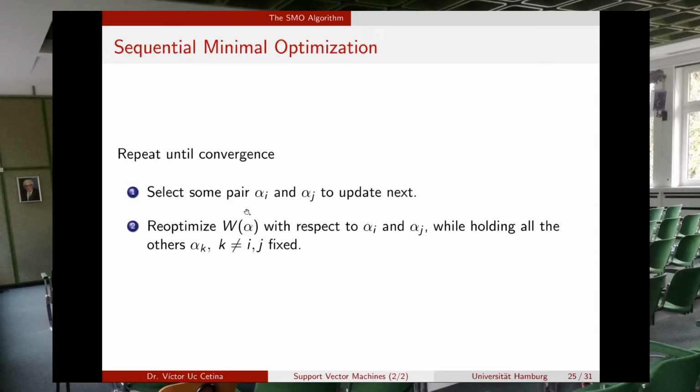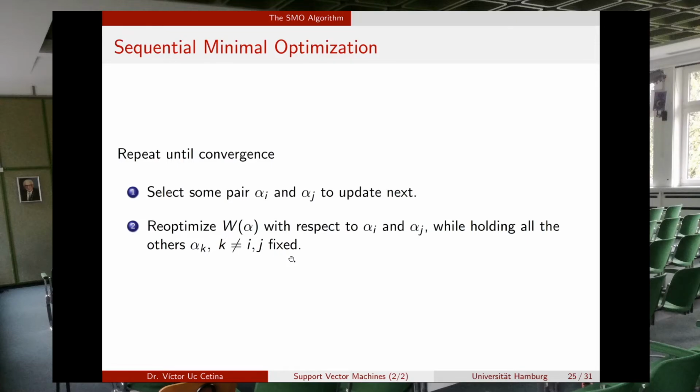The algorithm, which is called sequential minimal optimization, consists in selecting pairs of alphas, alpha i and alpha j, and we optimize the function W with respect to these two parameters, while holding all the other alphas k, where k is different from i and j, fixed.